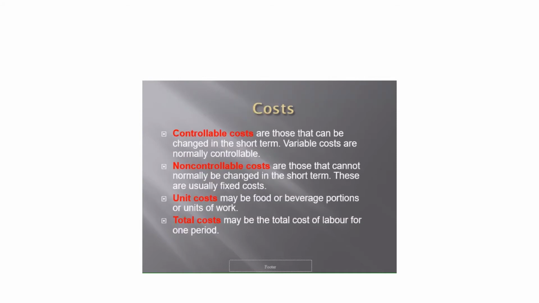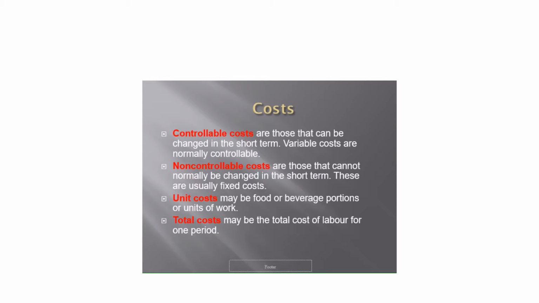Here we have some more cost classifications, I guess you could say. We have controllable costs. These are costs that can be controlled in the short term, and examples of these would be your variable costs, because they can be changed or controlled in the short term.